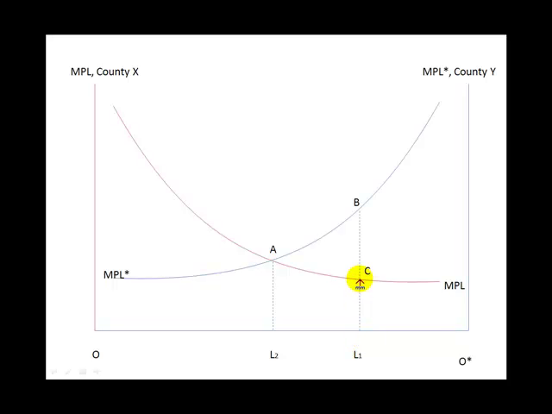So look at point C. This would be the marginal product of labour for country X. And point B will be the marginal product of labour for country Y.